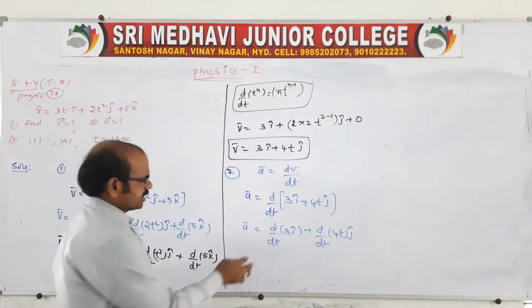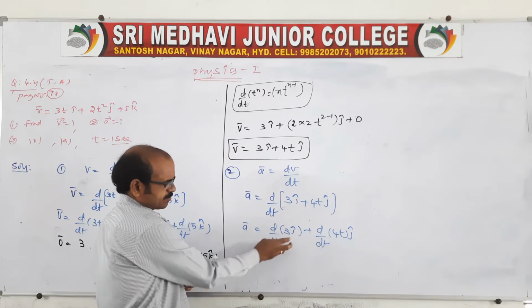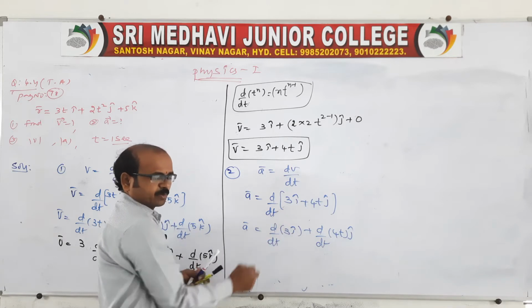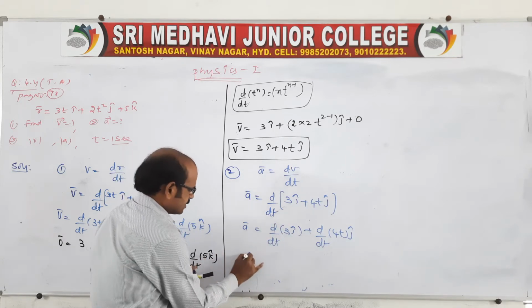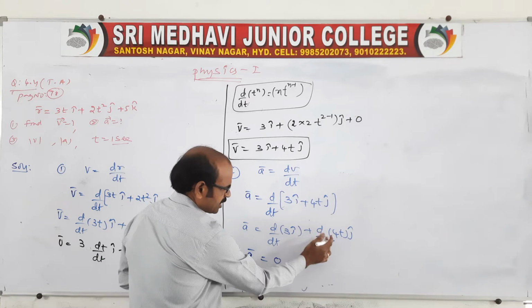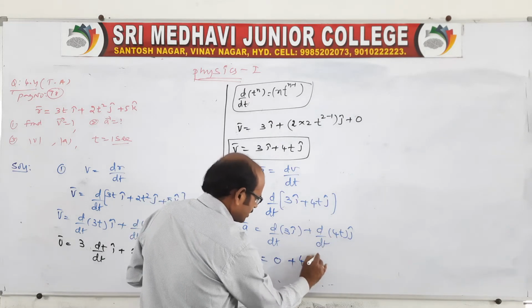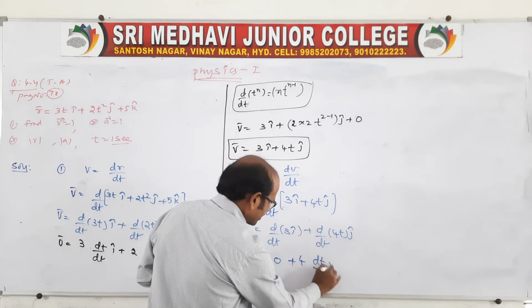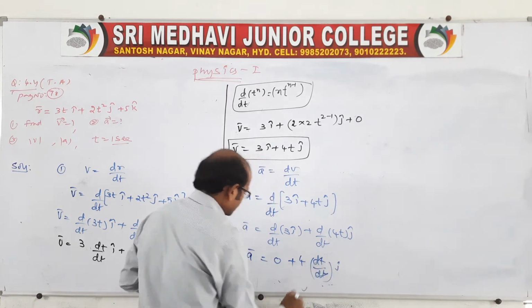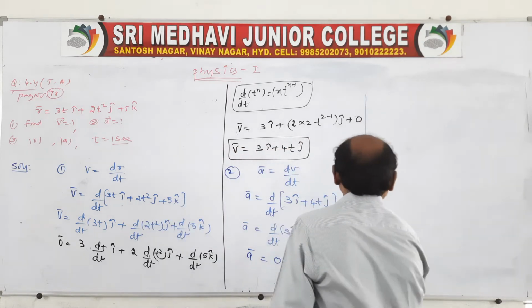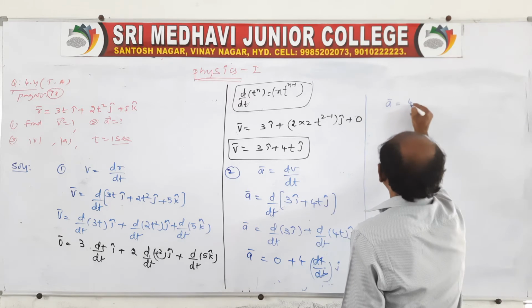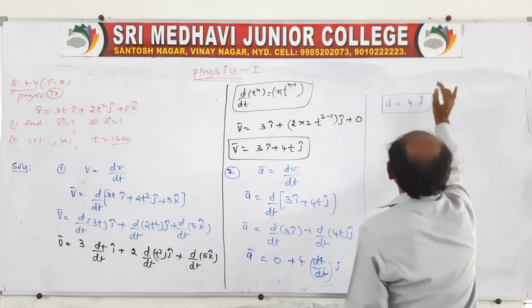It is a constant, because t is not there, so you write directly 0. Plus, here t is there, so 4 of dt by dt, which is cancelled. So we get acceleration a bar is equal to 4 j cap. Clear?